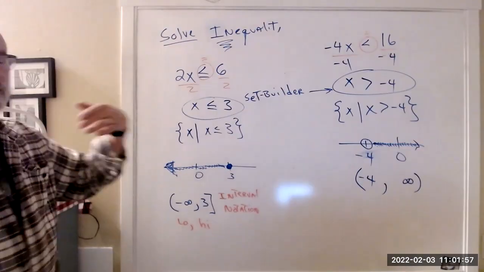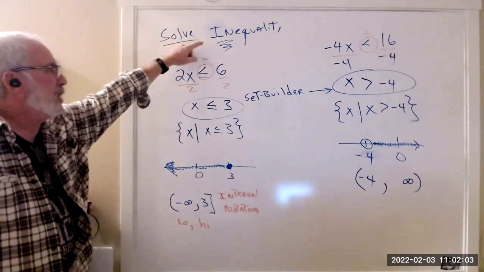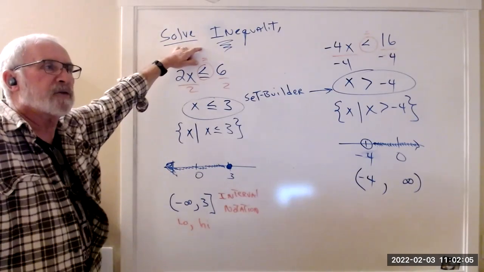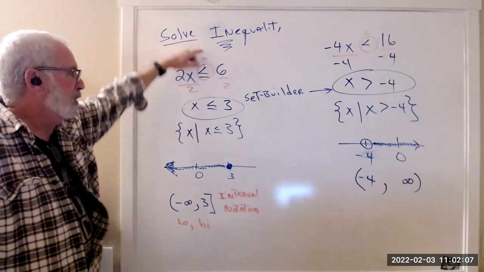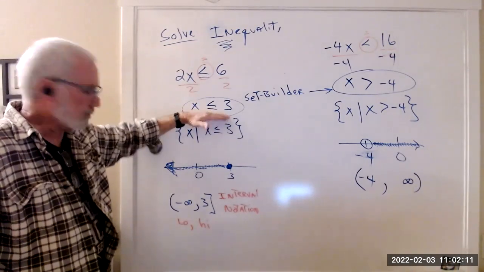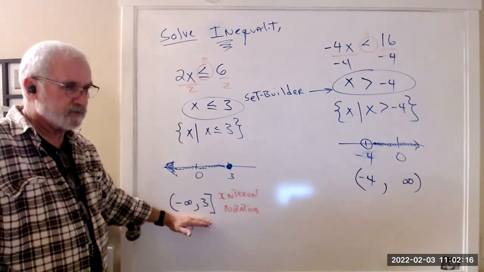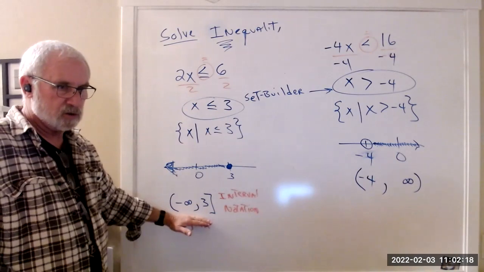You're going to be asked, I know you're asked on the quiz, and as we get further and further into inequalities, you will be asked to do more of this, to sometimes put your answer in set builder and sometimes put your answer in interval notation. You have to read the directions.